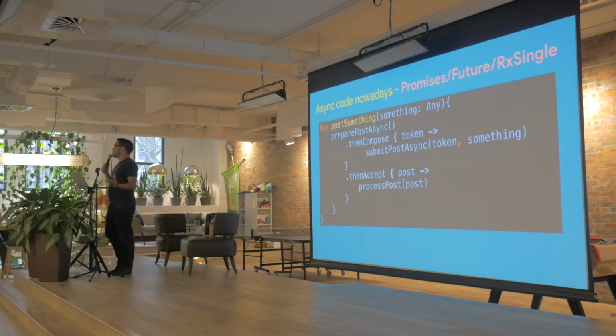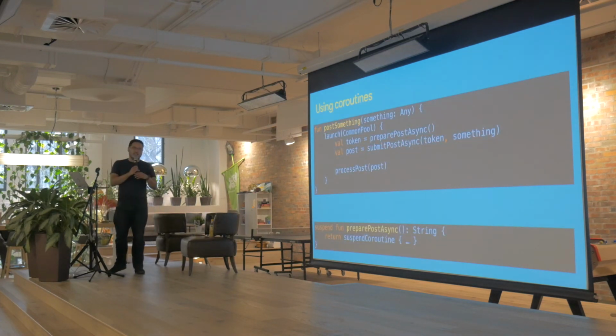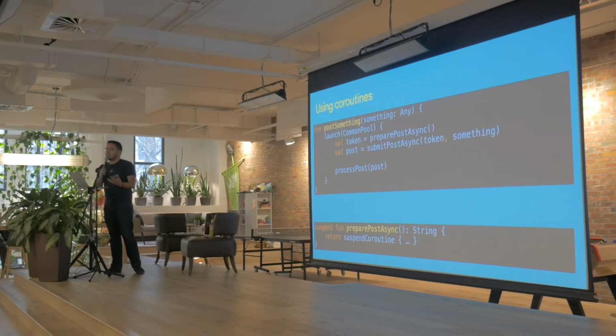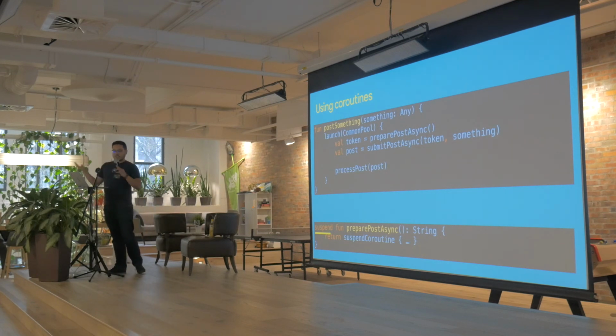So let's see how this method would look with coroutines. That's it. It looks a little bit familiar. It does. It looks like I'm doing a non-asynchronous call, a non-asynchronous method. All I have to do is put suspend on the bottom function, and it's going to return some value, in this case a string, or it can be something else.